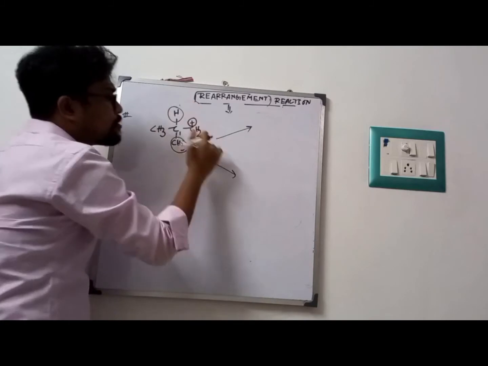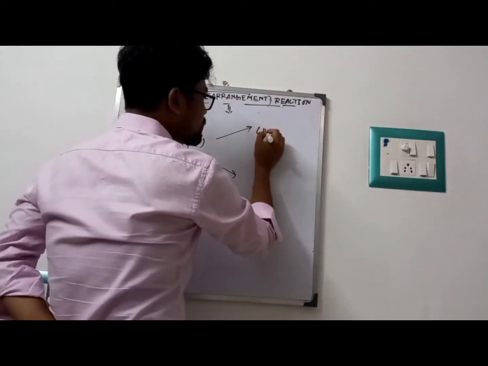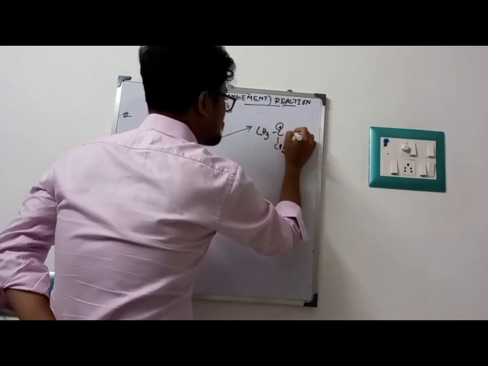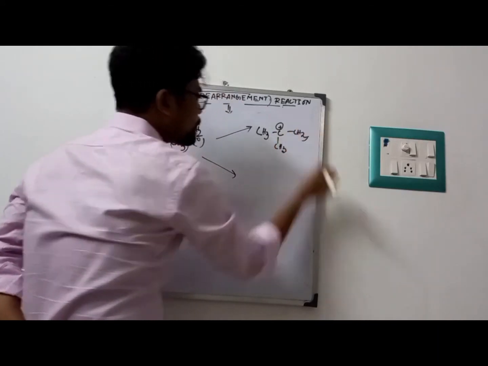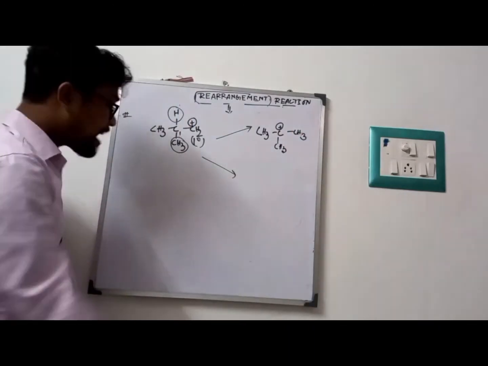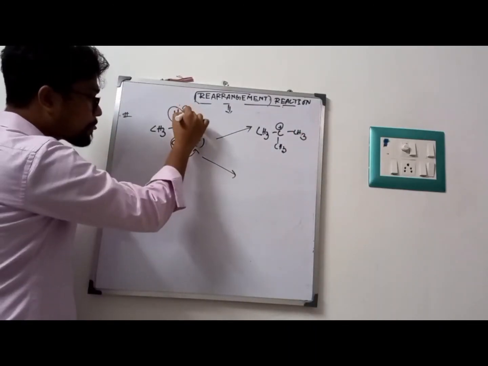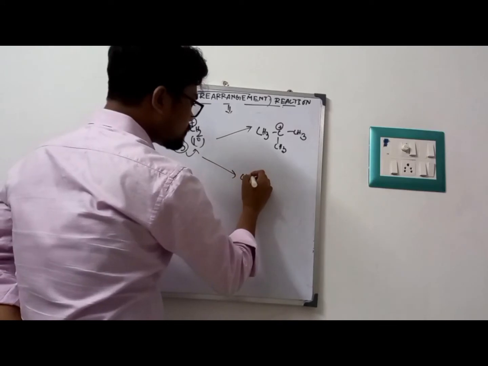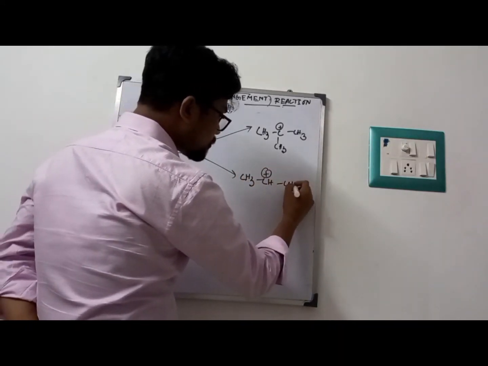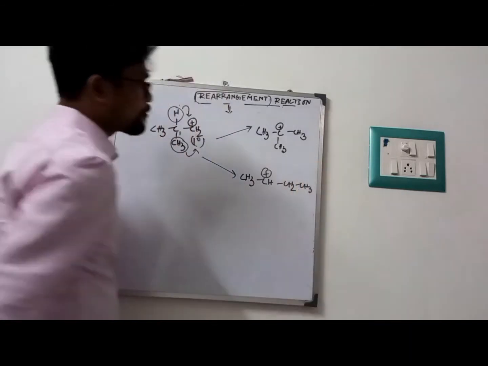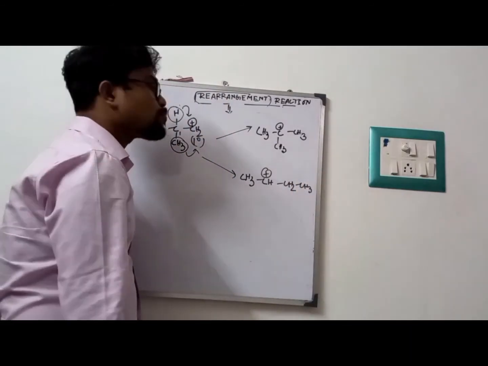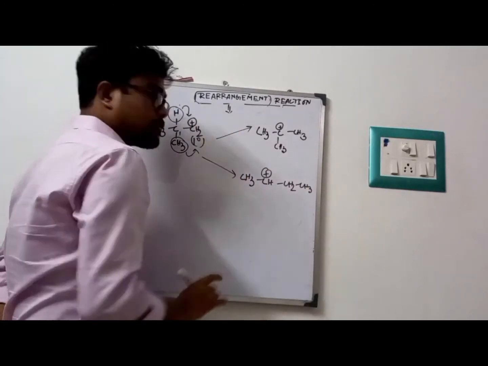If hydrogen shifts, then this carbocation will form. And if the CH3 goes, then this carbocation will form. Now look very carefully. Which one is more stable? We have to check.